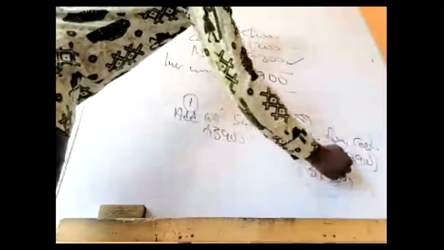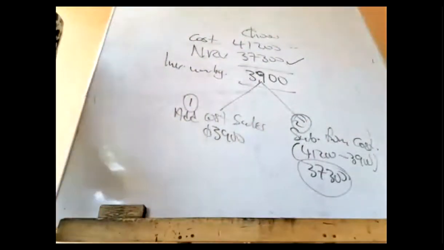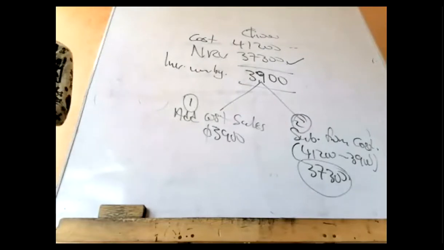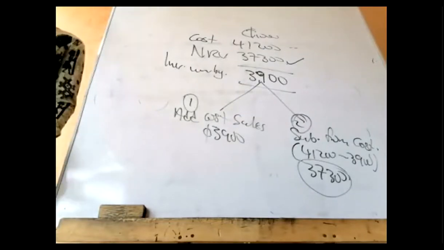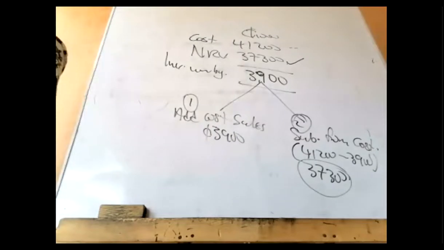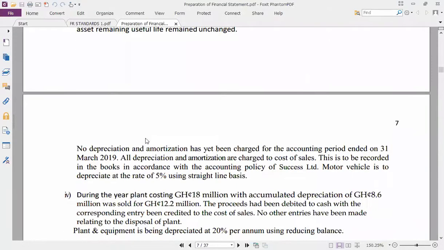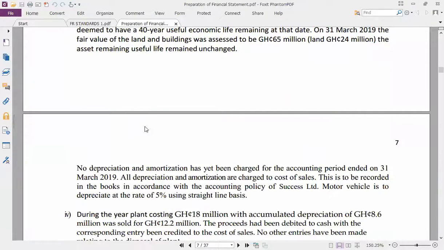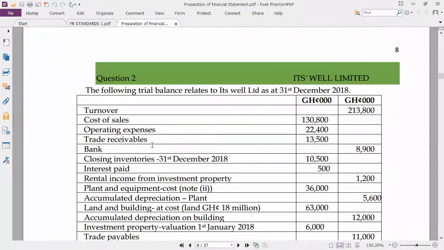So it is the same as taking 37,300 straight to the financial position. Good. So that's all. Now, if I do one, you do one. You are doing A12, question 2.